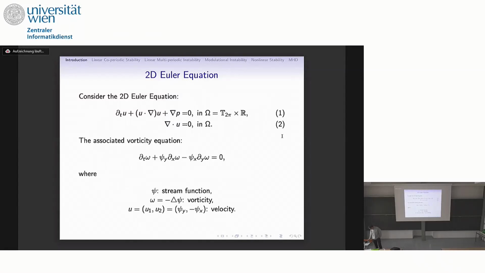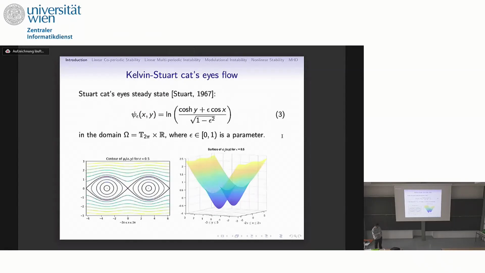Now let's look at the steady solution we are looking at. It's called the Stuart vortex solutions. The solution is of this explicit form. This equation number 3 gives you the stream function, given by this explicit formula.